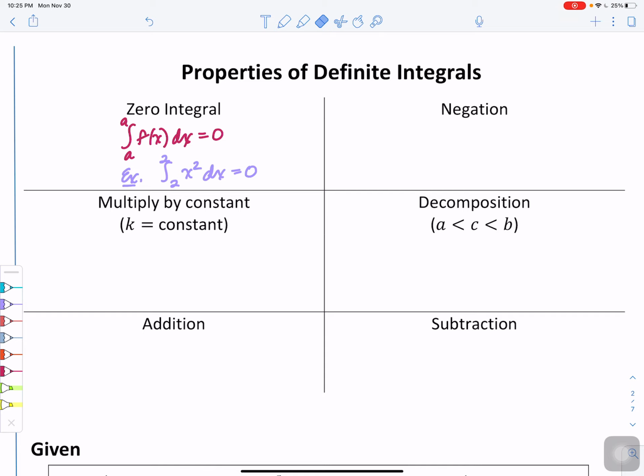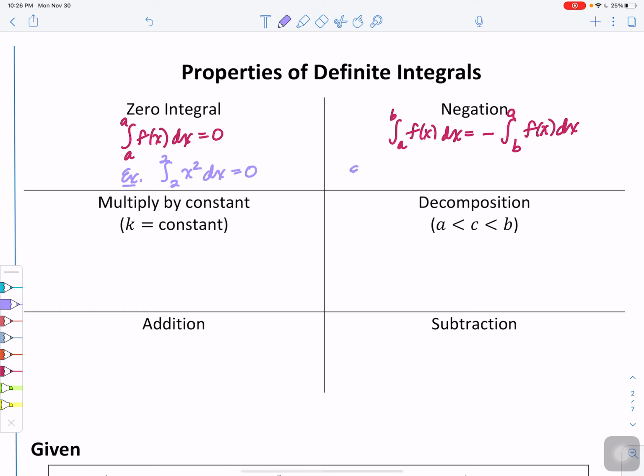So the integral from a to b of f of x dx is equal to the opposite of the integral from b to a of f of x dx. So what did I do? I interchanged the limits of integration. You could say I flipped them, and all I have to do is put a negative in front of that.